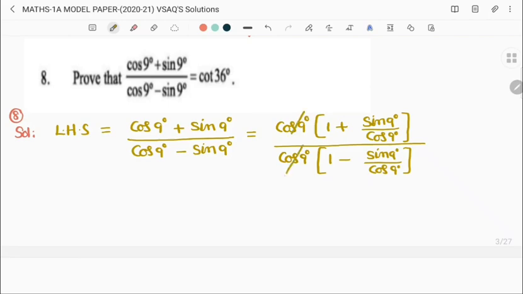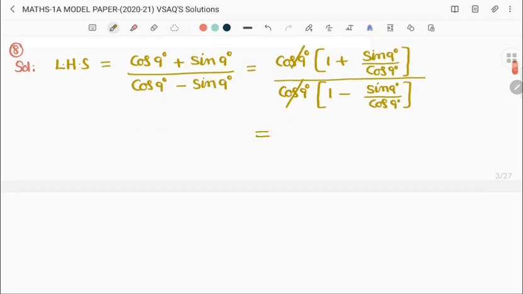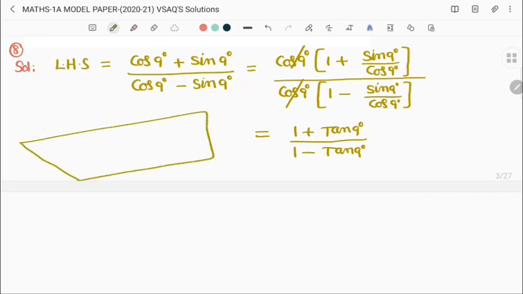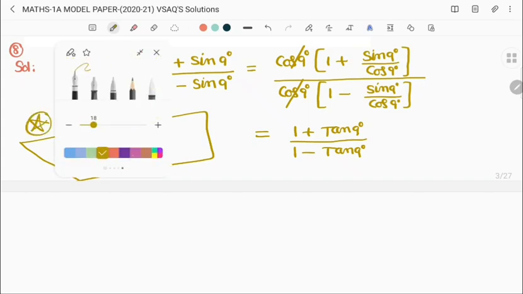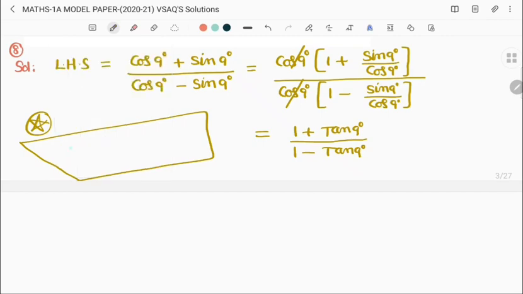So cos 9 degrees gets cancelled. 1 plus sin 9 by cos 9, we can write it as 1 plus tan 9 degrees, divided by 1 minus tan 9 degrees. We have one formula: 1 plus tan A divided by 1 minus tan A.